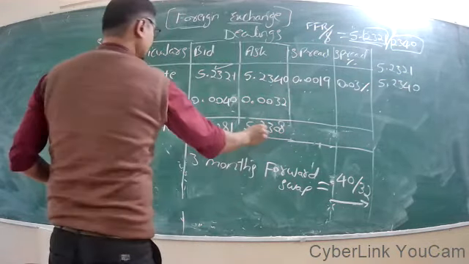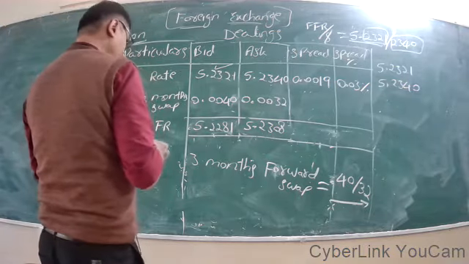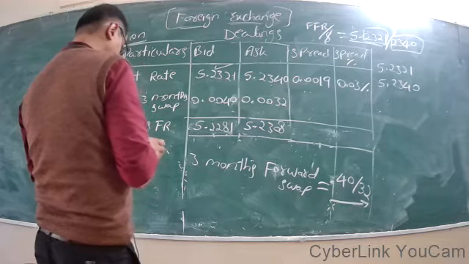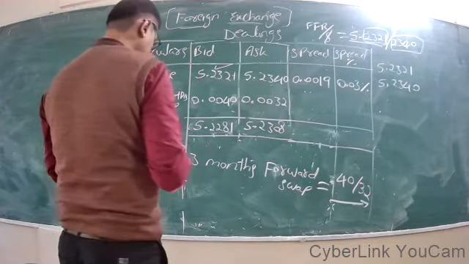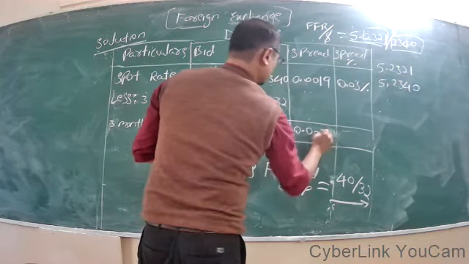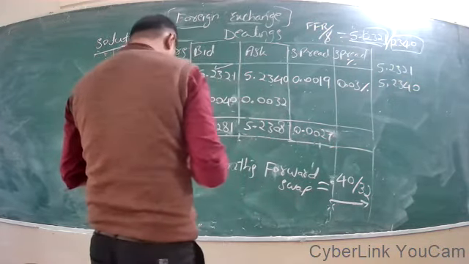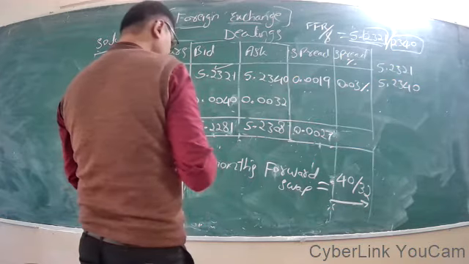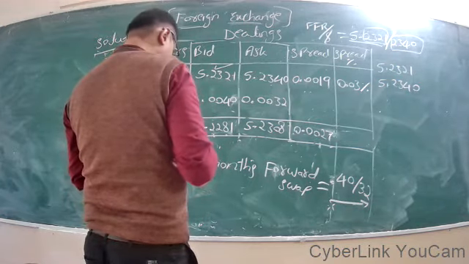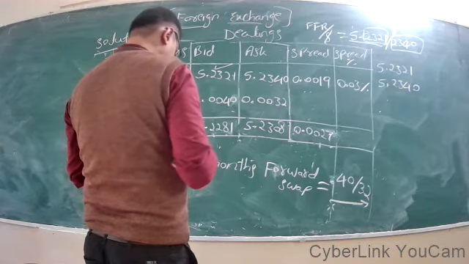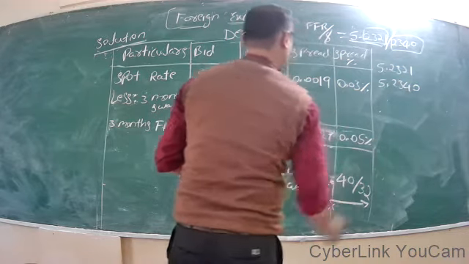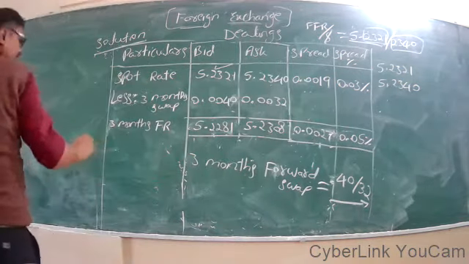So the spread is ask minus bid, that is 5.2308 minus 5.2281, which is 0.0027, and the spread percentage, ask minus bid divided by ask, 5.2308, into 100, comes up to 0.05%. So this is the 3 months forward rate.